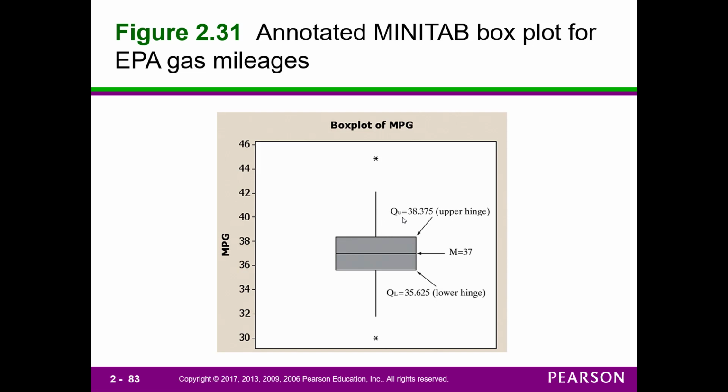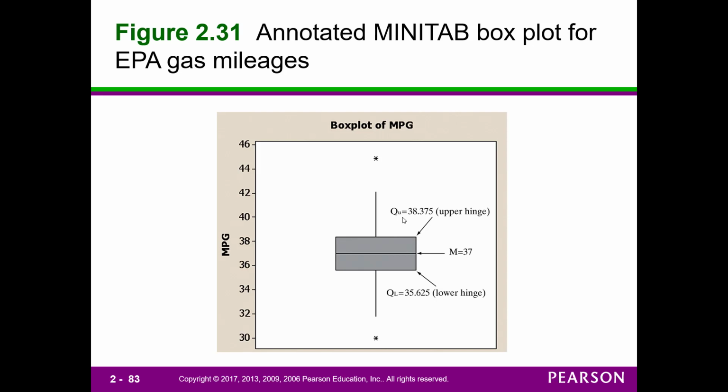Values that are beyond the inner fences are deemed potential outliers because they are extreme values that represent relatively rare occurrences. In fact, for a mound-shaped distribution, less than 1% of the observations are expected to fall outside the inner fence.